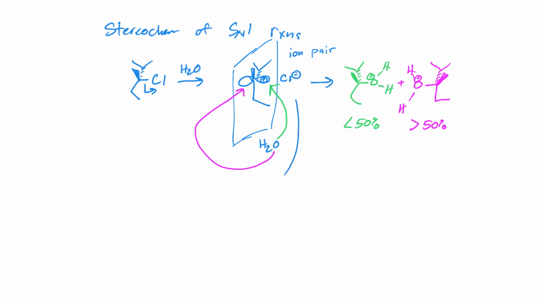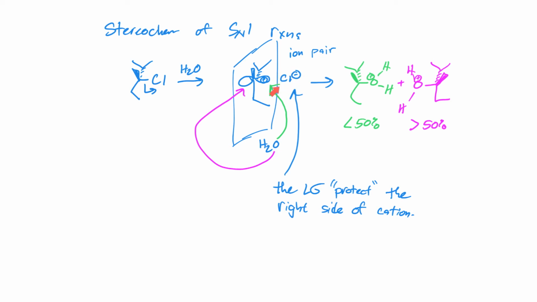And that's because the leaving group tends to protect or shelter or shield, in this case, the right side of the molecule. I should say the right side of the cation. So the fact that we form an ion pair immediately after losing the leaving group, that serves to influence the stereochemical outcome of the reaction.